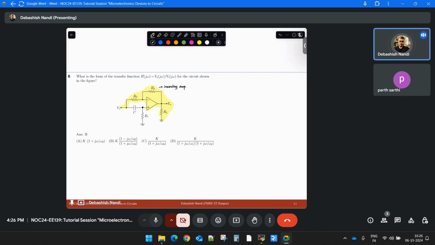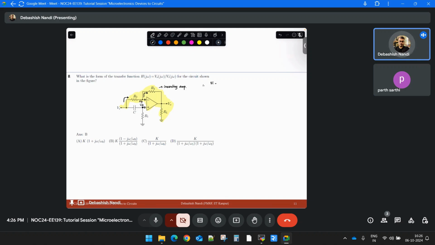But this reference voltage is determined by something else, not grounded this time. So what will happen? This current will be equal to this current because no current should flow in this, assuming an ideal op-amp, right? So this will also be Vx.